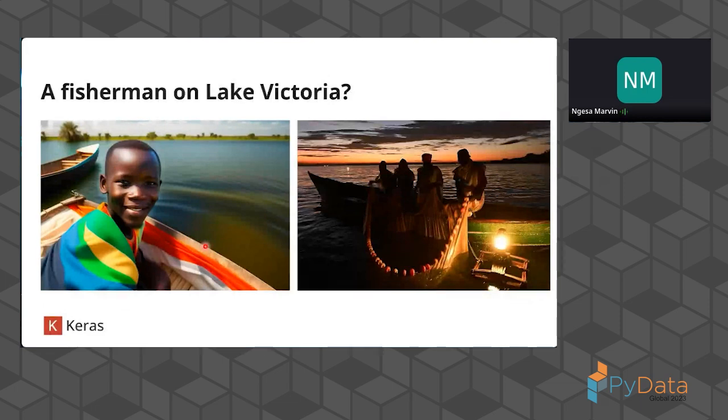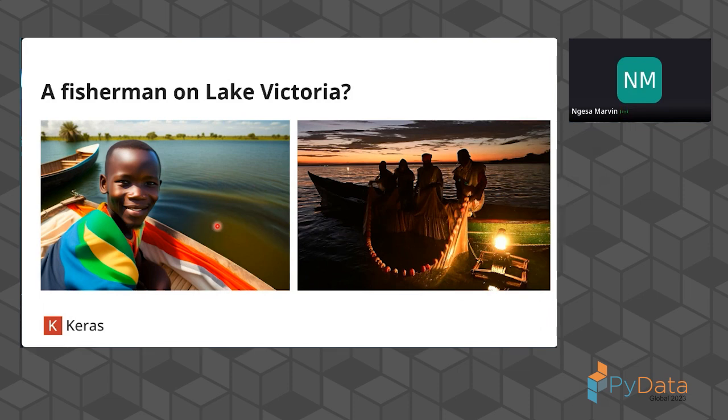So I'm doing this session from Nairobi, Kenya, and there are these two images that I've been using a lot in Kenya, where one of them is generated, while the other is a true image.